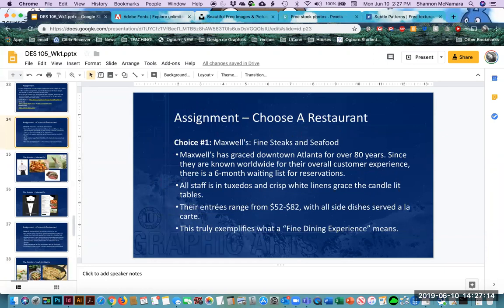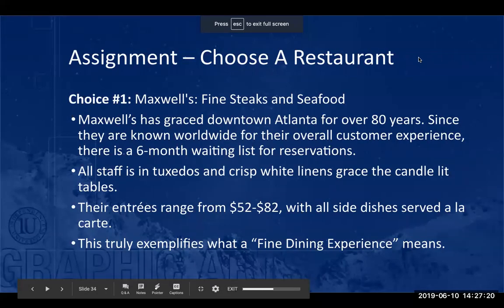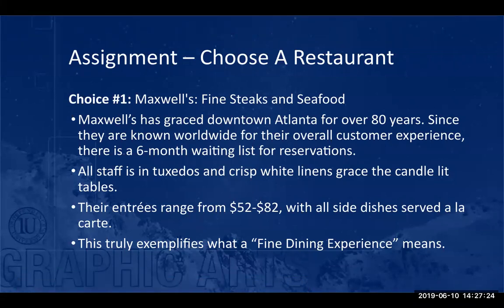Maxwell's, which is fine steaks and seafood. And there's a little bit of a write-up on each of the restaurants, so you have a feel for them and know what their vibe is. So Maxwell's has graced downtown Atlanta for over 80 years. Since they're known worldwide for their overall customer experience, there's a 6-month waiting list for reservations.